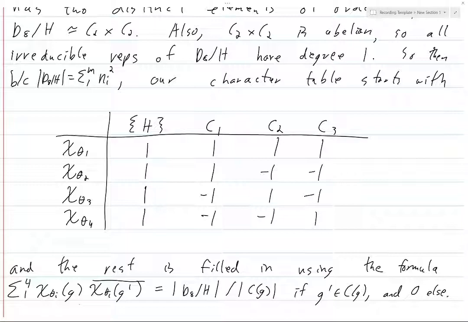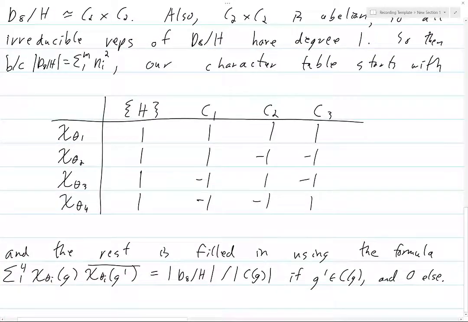But anyways, if you dot product anything with its conjugate, everything's going to be squared. So you just get 1 + 1 + 1 + 1, which is 4, which is exactly what the formula tells us. So this is our character table. Okay, so that's that.